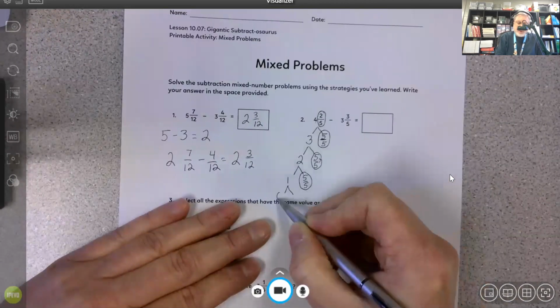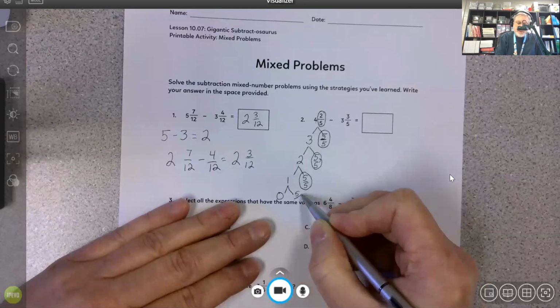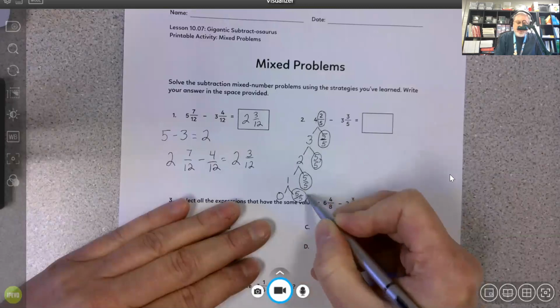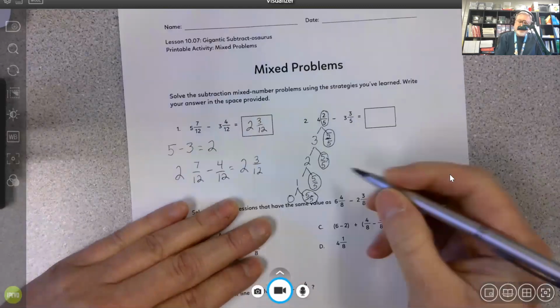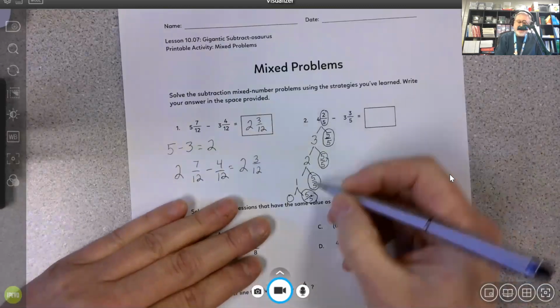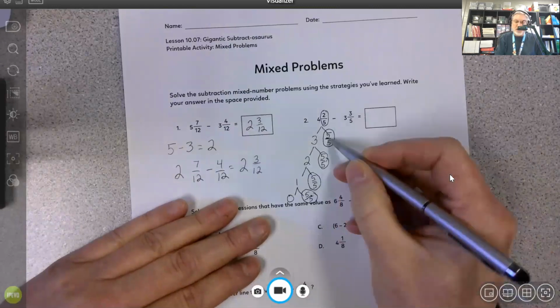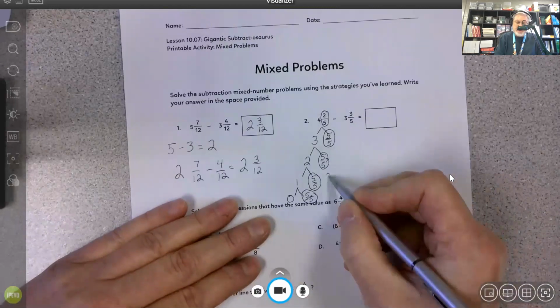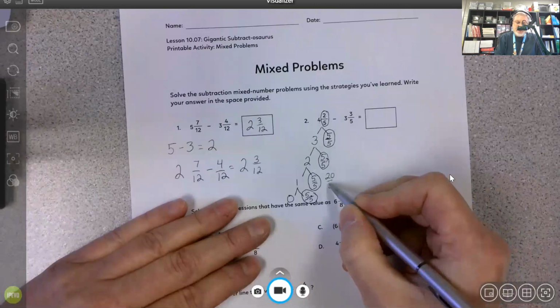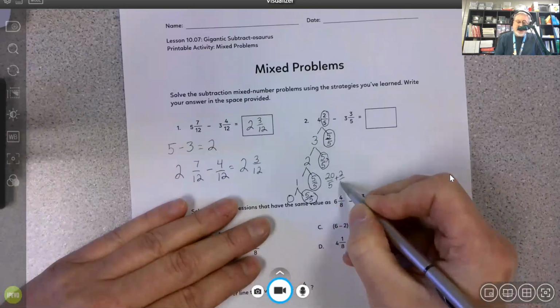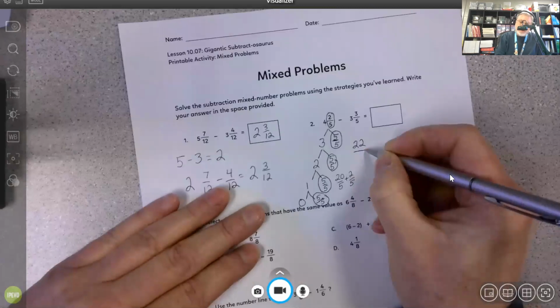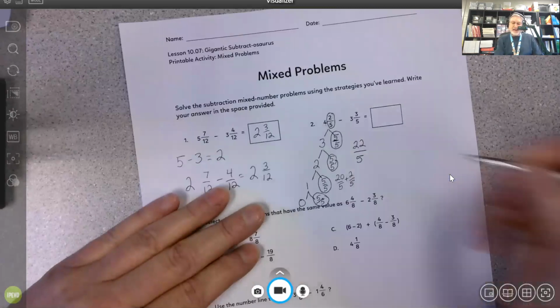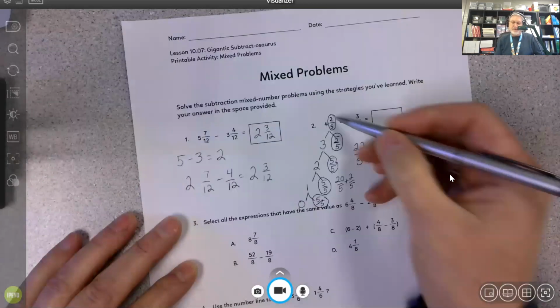So I make it 0 and make another 5/5. So now I have to add all my 5/5 plus my 2/5. So that would be 5/5 plus 5/5 plus 5/5 plus 5/5 would be 20/5 plus 2/5, which gives me 22/5.